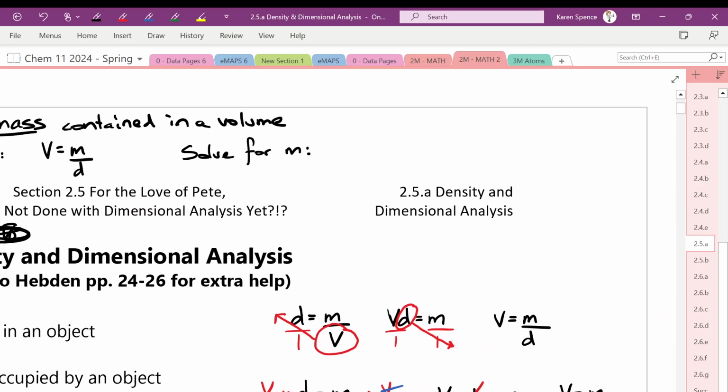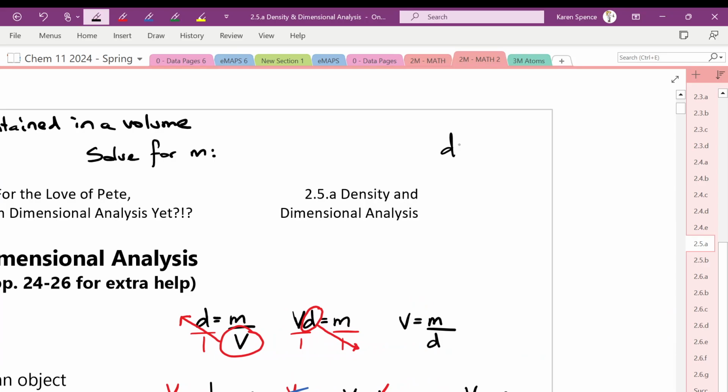Now, what if we take D equals M over V and we solve for M? What do we get? Do we get M is equal to D over V? M is equal to D times V?